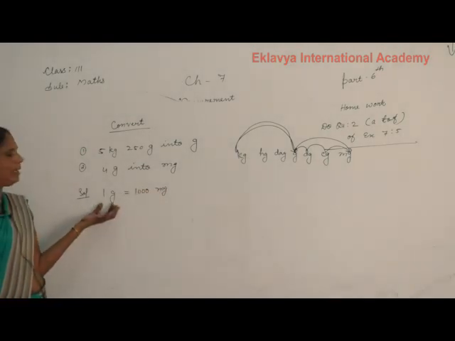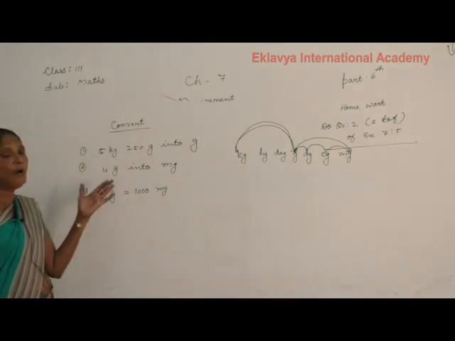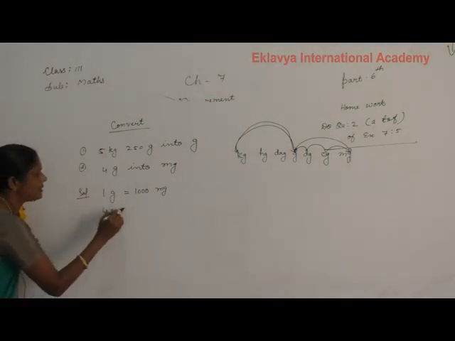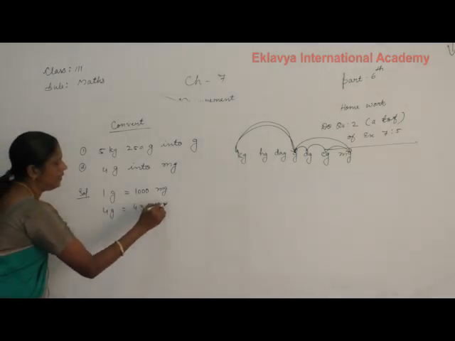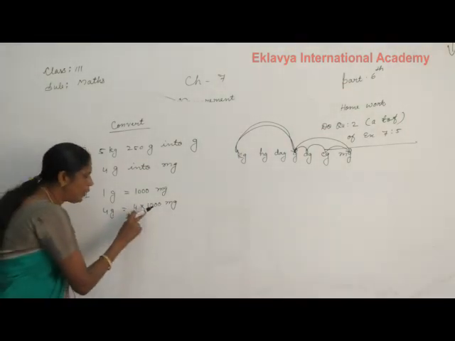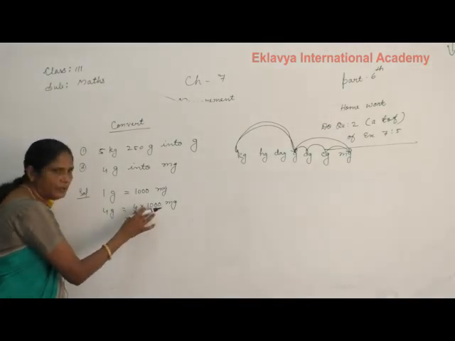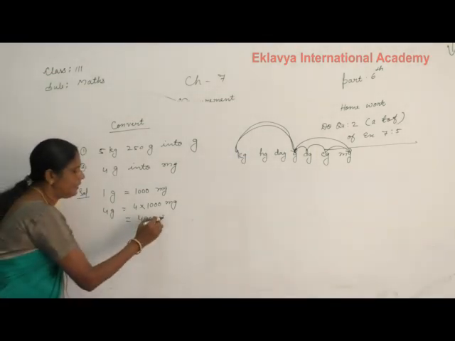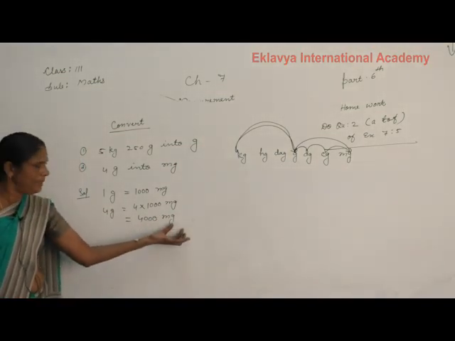We have 4 gram. 4 gram is equal to 4 multiply 1000 milligram. Only multiply 4 and 1, 4 ones are 4. How many zeros here? 3 zeros. You put them on the right-hand side of the number. Then you write 4000 milligram.